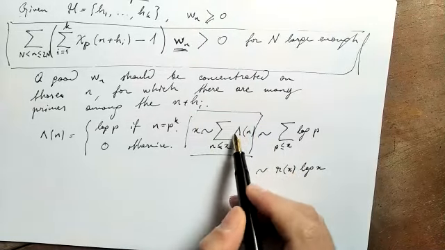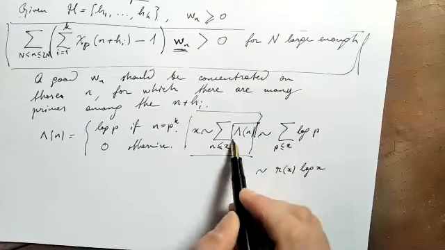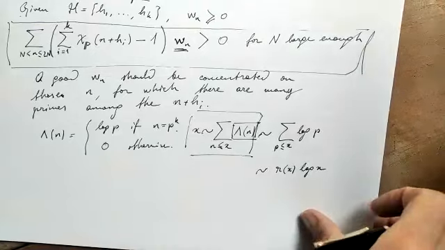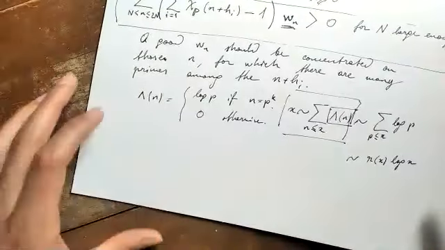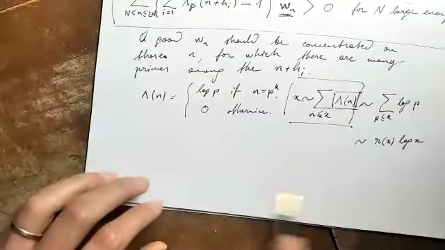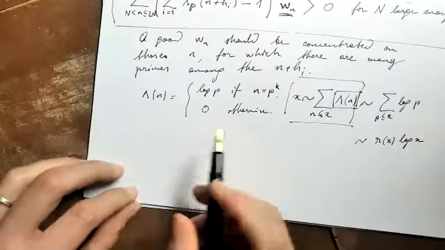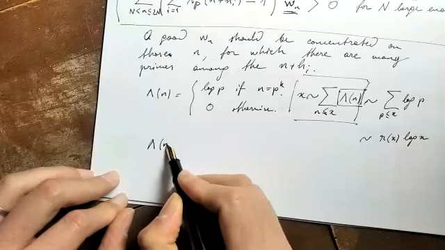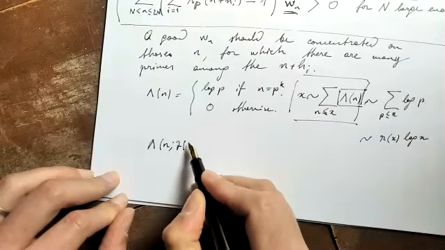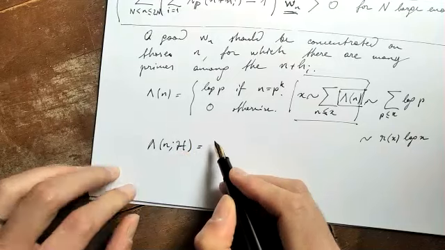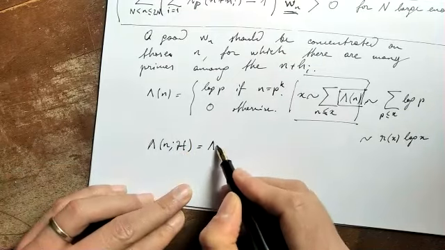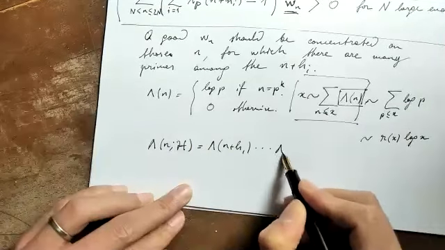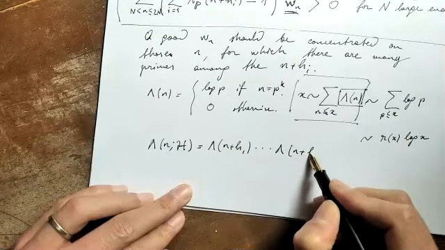So this is the weight, so to speak, used in the classical proof of the prime number theorem. So the most natural analog to consider might be to define lambda(n; h) by lambda(n plus h_1) through lambda(n plus h_k).